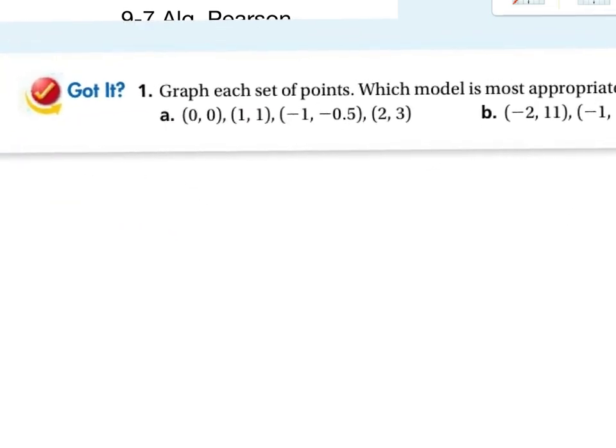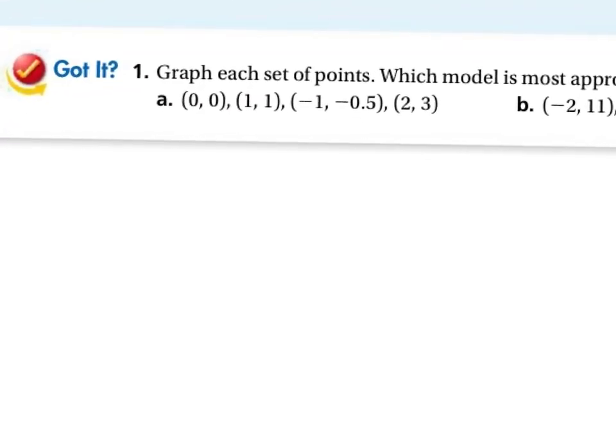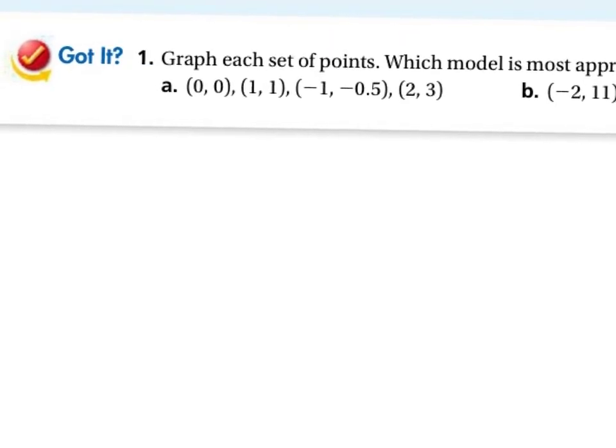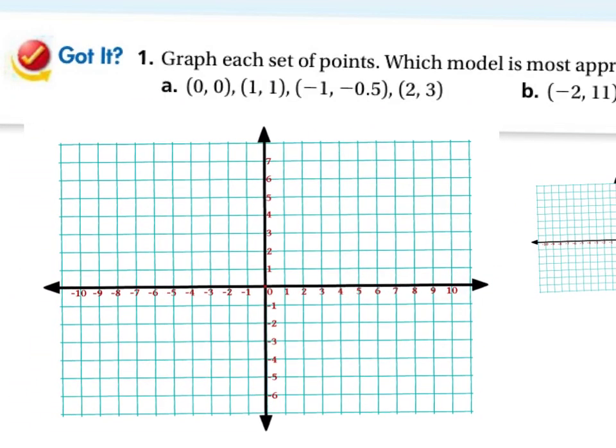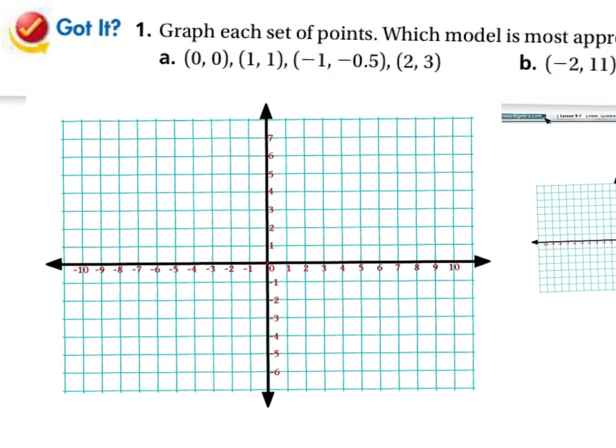So if you look at the got it one, they're wanting us to graph these points, kind of the same idea here. So if we graph these points, we've got 0, 0, 1, 1, negative 1, negative 5/10, and 2, 3.